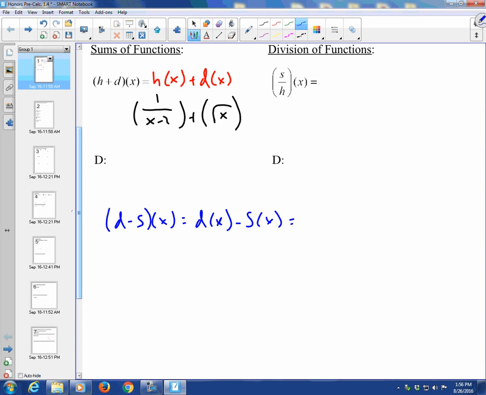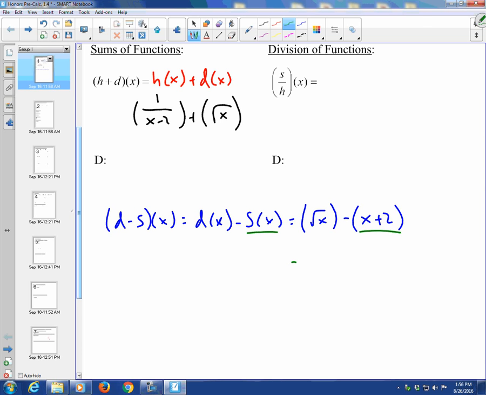So the equations for d of x come from that square root of x, and the values for s of x come from that x plus 2. So x plus 2 gives us the values of s of x for any specific x value, and we'd subtract those from the square root of x.